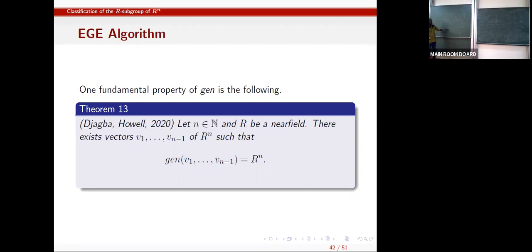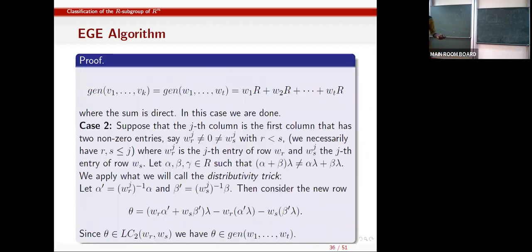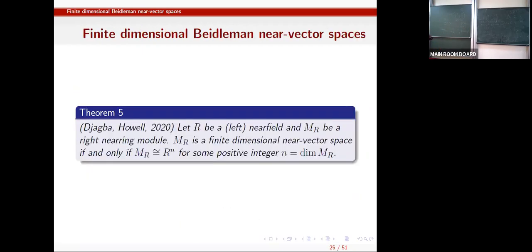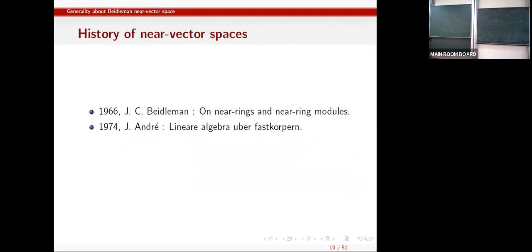So when we compute the EGE algorithm on those two vectors, we find out that it will generate the space R^n with two vectors. For example, we can find R^9: the chain of v1, v2 can give us a space of dimension 9, if we consider a finite Dickson near field that we mentioned earlier, derived from the Dickson pair (3, 2).